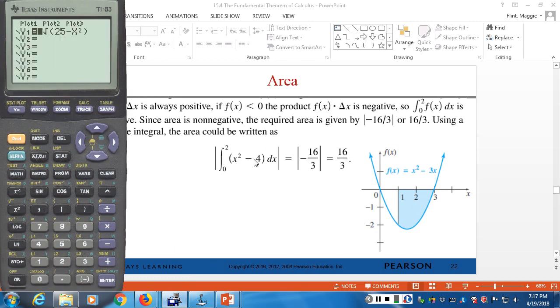So this function is x squared minus 4. And we're needing to go on from, let's say, about -1 to 4. And we could look around for the window, but since we already know this is going to go negative, I'm going to set it up that way.